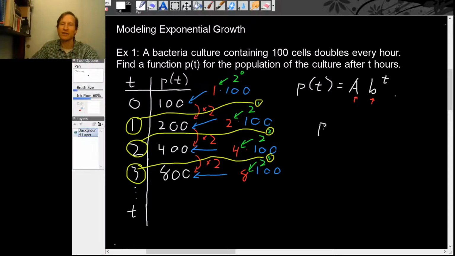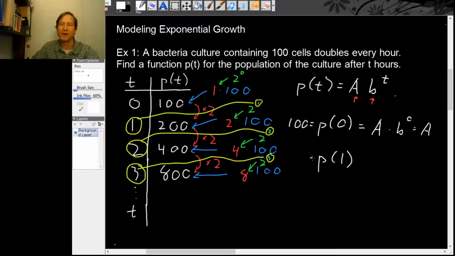Our initial value when t is 0 is 100 because we started with 100 cells. And if you plug t equals 0 into our formula for p of t, you get a times b to the 0, but that's just a. So now we know a. A is 100.